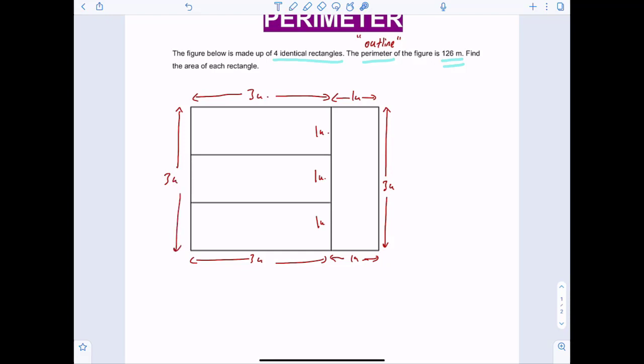So when we take 3 plus 3 plus 1 plus 3 plus 1 plus 3, that total units will be equal to 126 meters.